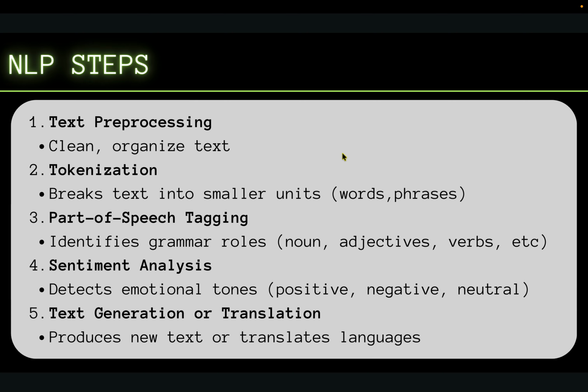Again, step 3 uses part of speech tagging. It's identifying the different grammar rules. The noun in our example would be I. I am looking for the weather.